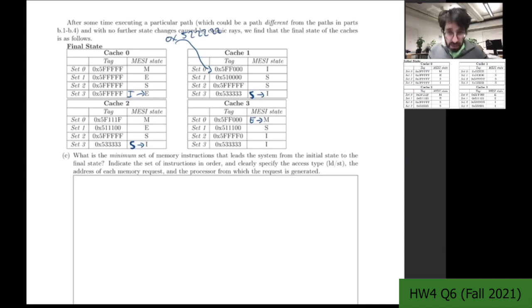Okay, so let's see what we can do. We can see that in cache 1 and cache 2, we have the same cache line in shared state, and we need to invalidate it. For invalidating that, we can use processor 0, because we already have to modify set 3 anyway.